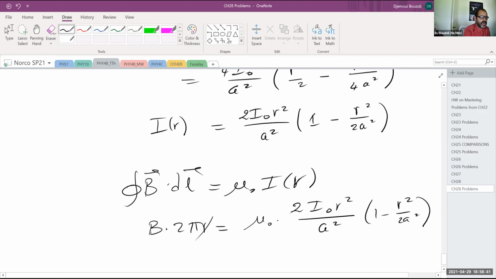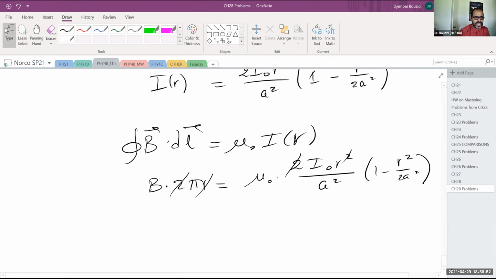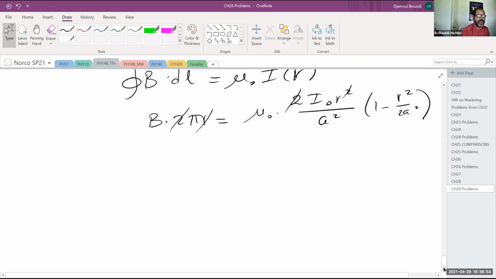Obviously, I have some cancellations in order: one of the r squared cancels, and the 2 and the 2 cancel also. And the magnetic field inside the region now will be dependent on r. It was dependent on r also in the previous version, but it was simply dependent on r.